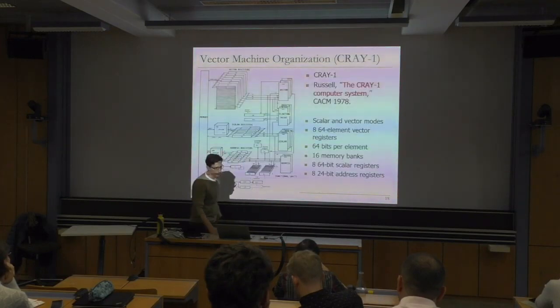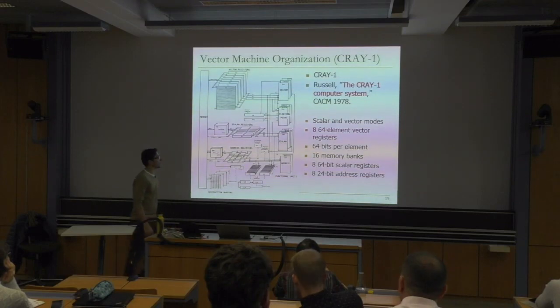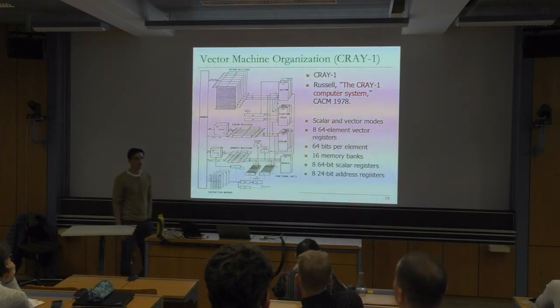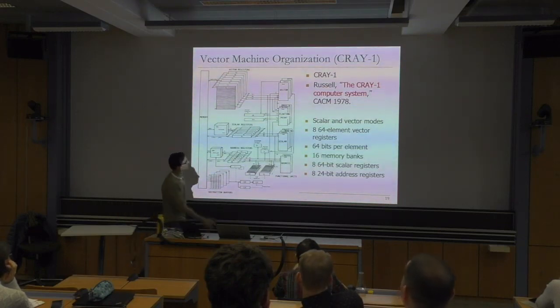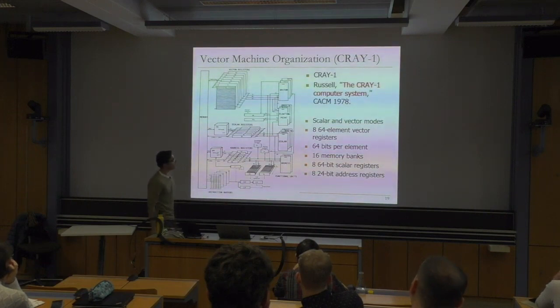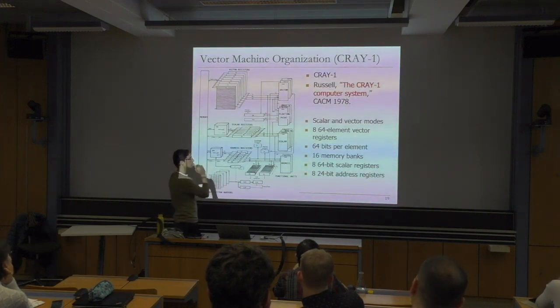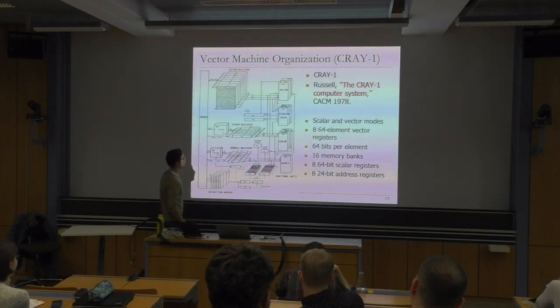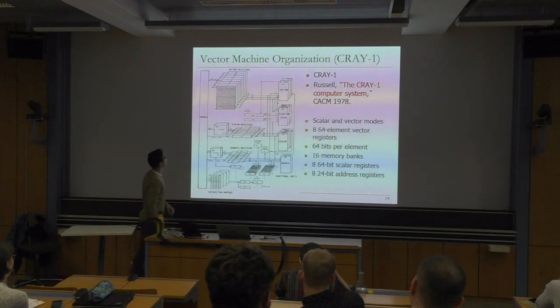Okay, one example of a vector machine, a pretty old one, is the Cray-1. You can take a look at the technical data sheet from 1978 if you want, and this is a schematic of the internal organization of this vector machine.